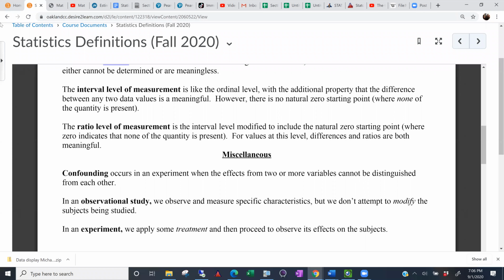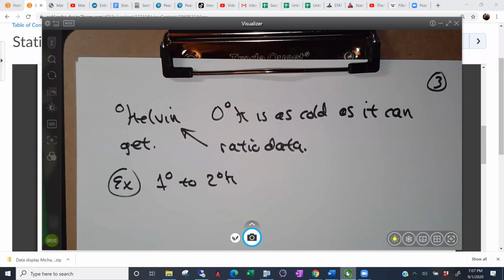like dates. So for instance, let's see. And this isn't perfect. Would below sea level be one? Well, I think sea level has a natural zero, so that would probably be ratio data.